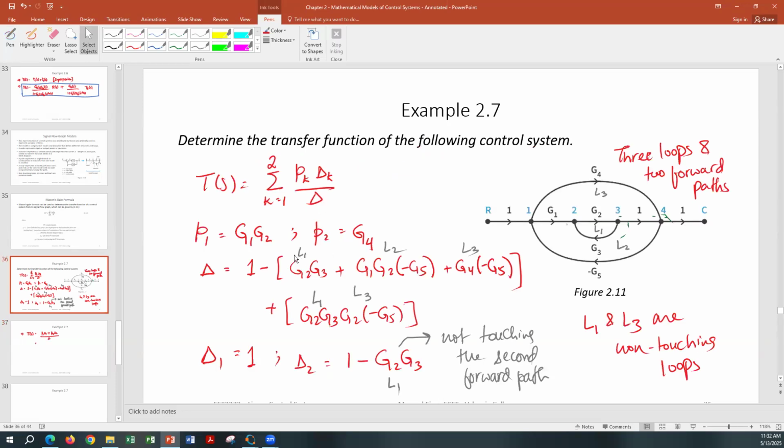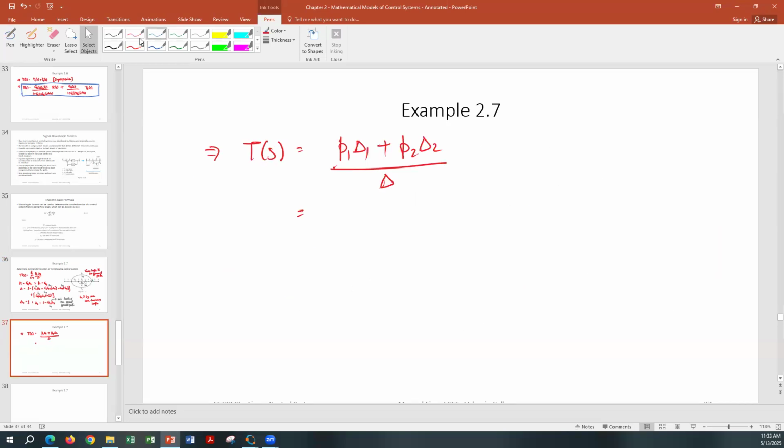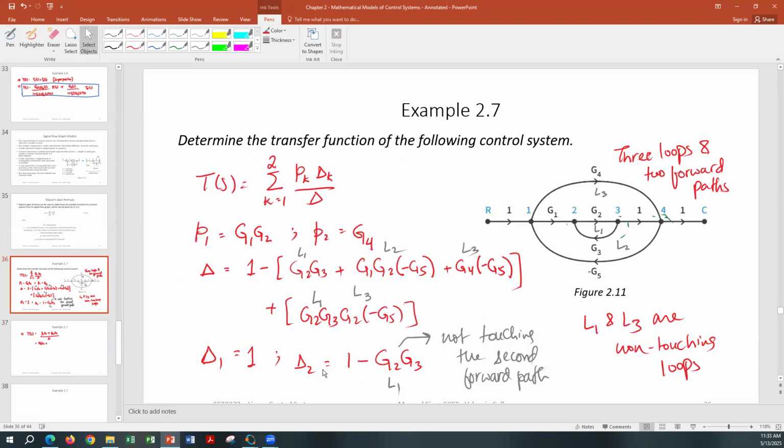P1 is G1 G2 and delta 1 is 1. And P2 is G4 and delta 2 is 1 minus G2 G3.